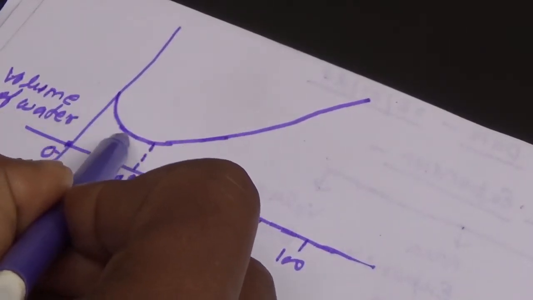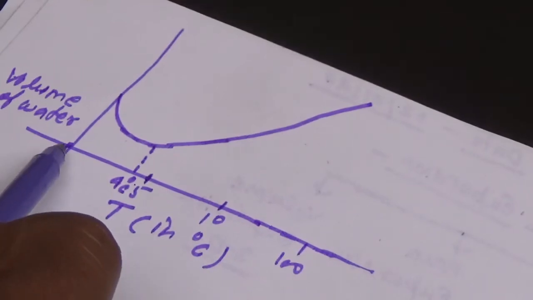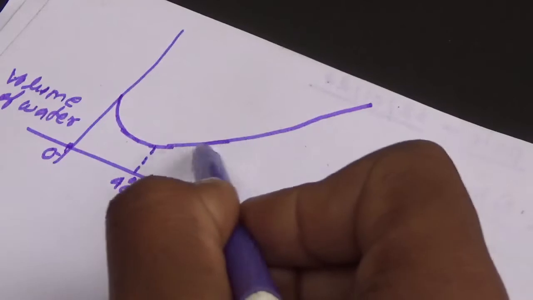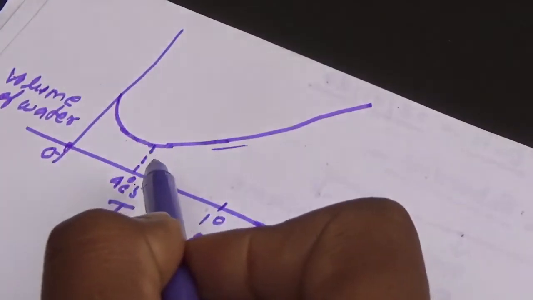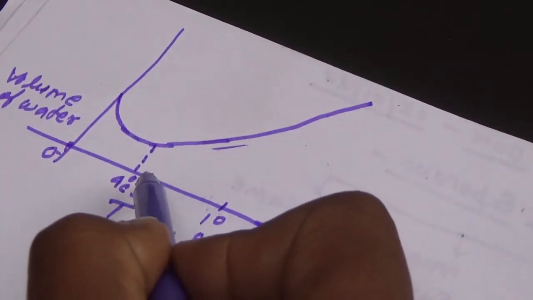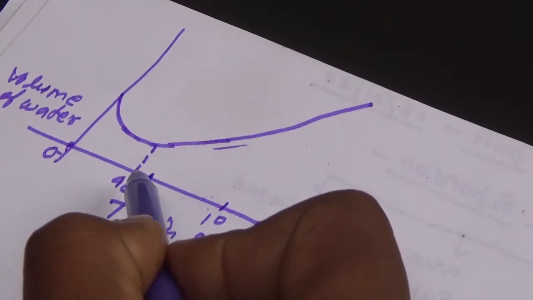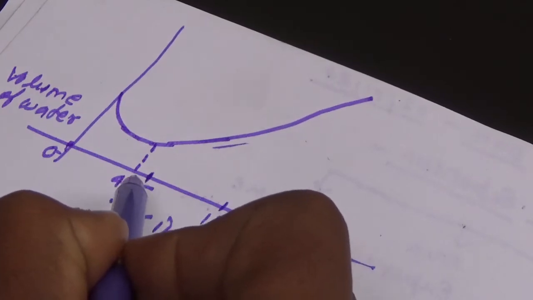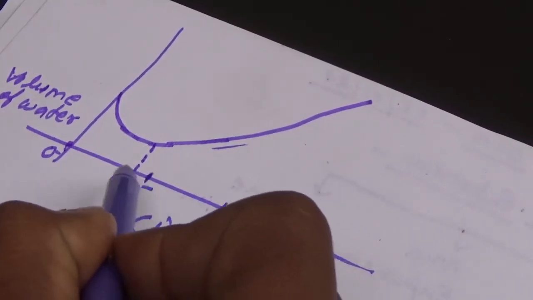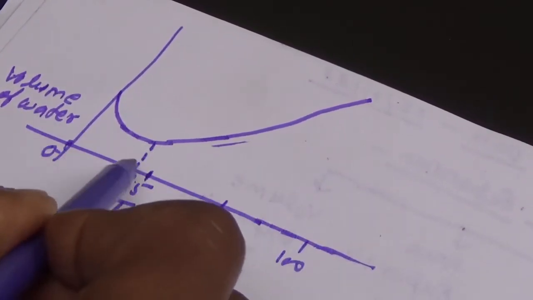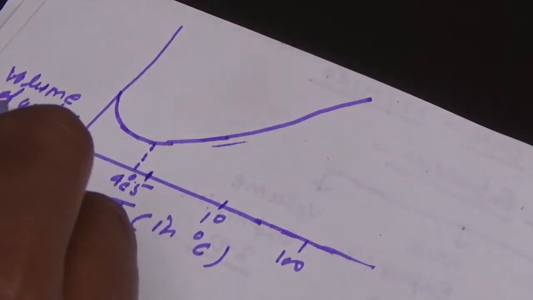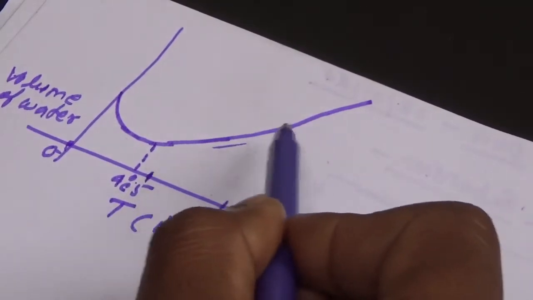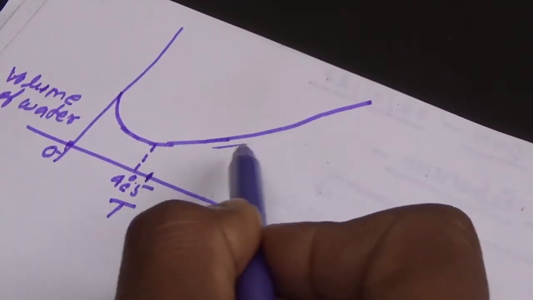You can see from 0 to 4, its volume decreases. Its volume has decreased between 0 and 4 degrees Celsius, and after this it rises. After 4 degrees Celsius, beyond this temperature, we can see very easily from this graph that the volume of water has increased in linear order.